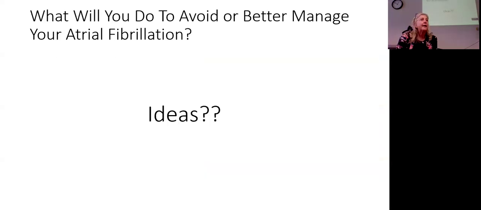So what will you do? So now that you've heard all this is the last slide. So what will you do to avoid, or if you already have AFib, better manage your atrial fibrillation? Any ideas that you've gotten from this talk or that you're inspired to do? Weight control, better weight control. Yeah. Keep pressing.